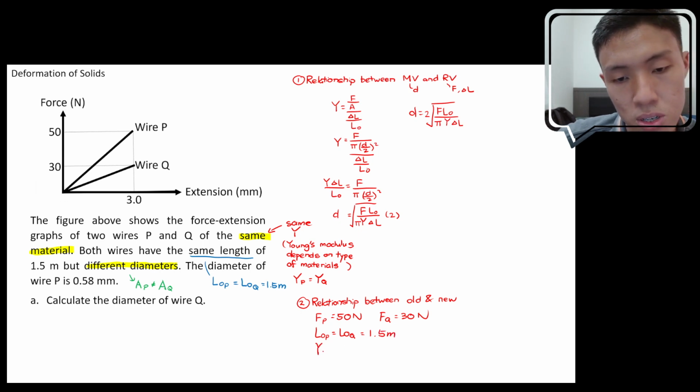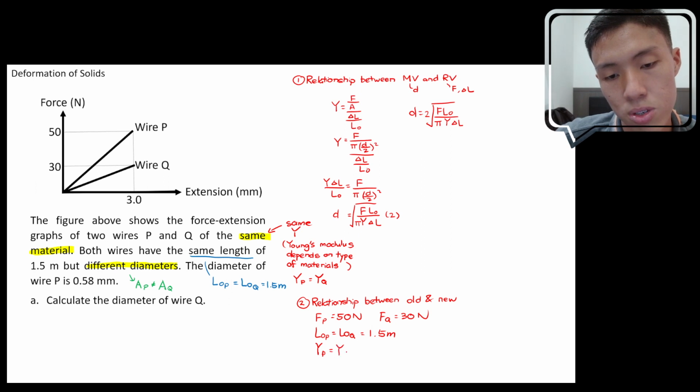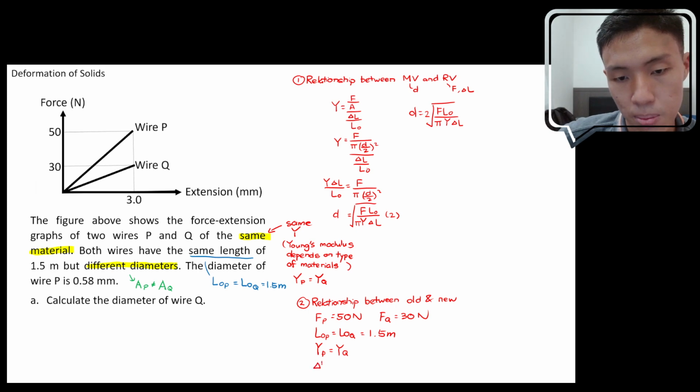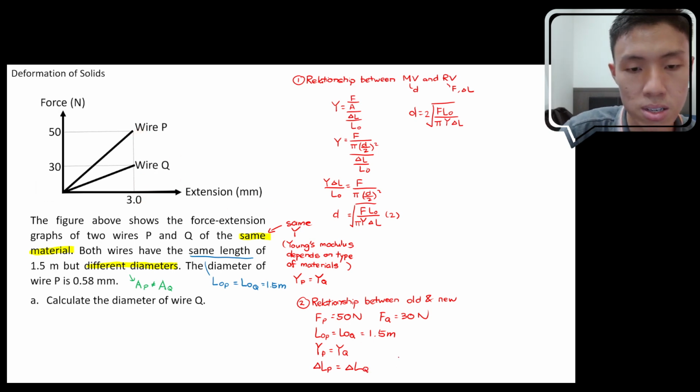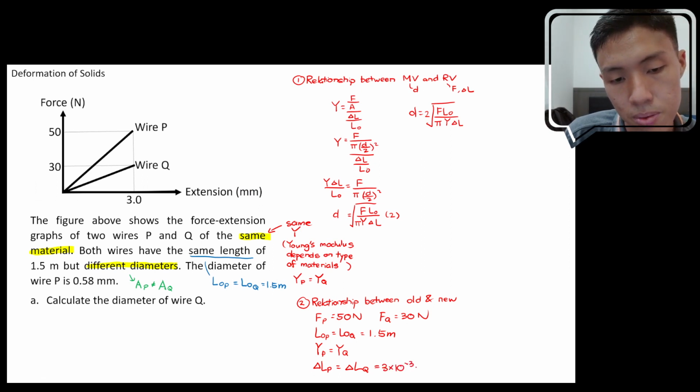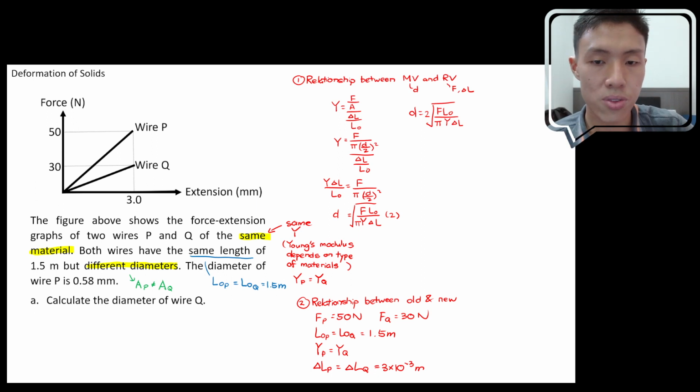The Young's modulus of P is the same as the Young's modulus of Q, which you are not sure what the value is. And lastly, the extension that happens to P is the same as the extension that happens to Q, which if you look over here, is the same extension, 3 millimeter. So write in meter, 3 times 10 to the power negative 3 meter. Okay, so you determine all the relationships you need already.